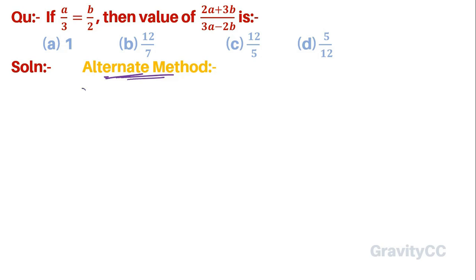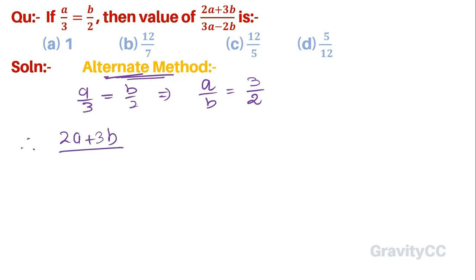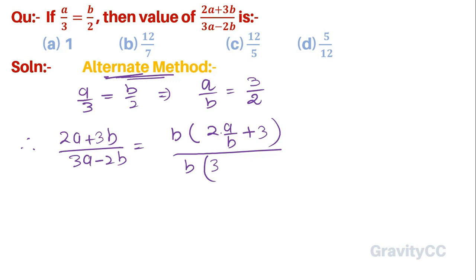Alternate method. Here given A upon 3 equal to B upon 2. And after alternate we get A upon B is equal to 3 upon 2. So therefore 2A plus 3B upon 3A minus 2B is equal to, taking B as common from first two parts, 2A upon B plus 3 upon 3 into A upon B minus 2.